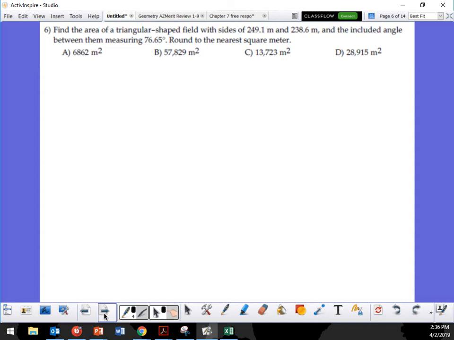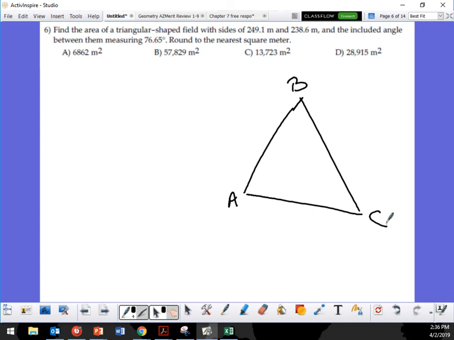So find the area of the triangular shaped field with the sides given. The included angle between them is given. Round to the nearest square meter. So, what does included angle mean? It says it is included.